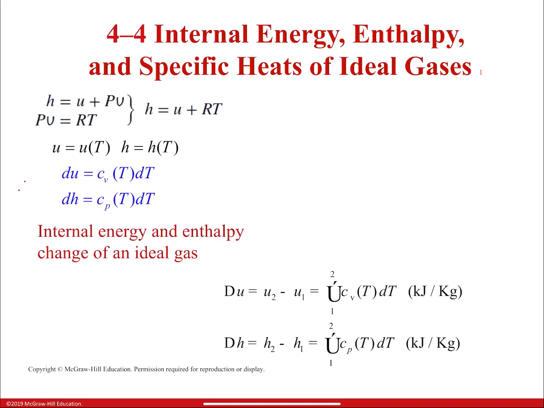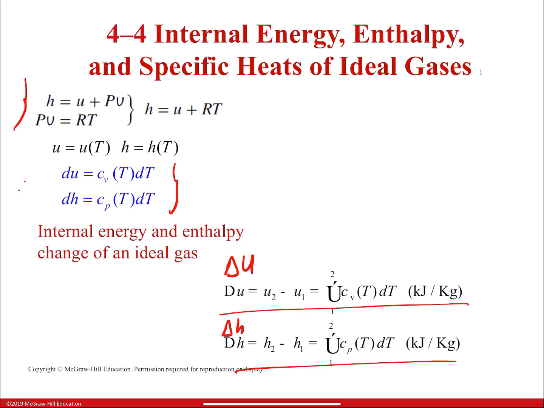This is pretty much a summary of what I just developed. I gave you those equations, and we use them to develop the final ones: this is delta U and this is delta H, and this is an integral, sorry for that. But at the end, what we need to know is that delta U equals CV delta T, and delta H equals CP delta T, and we use that for ideal gases.